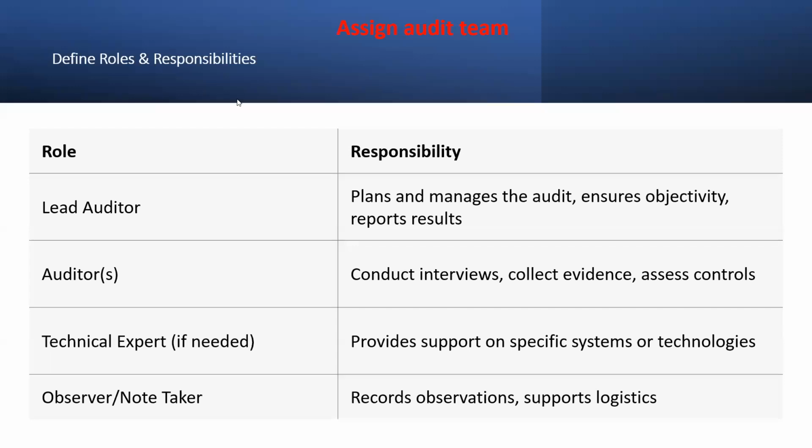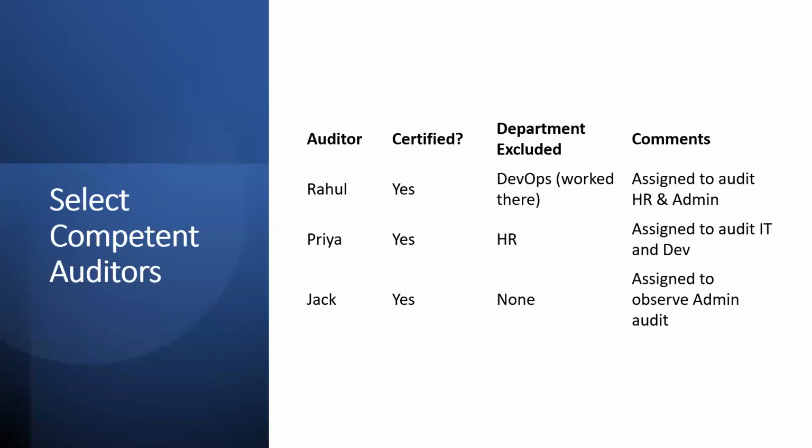We know what the roles and responsibilities of the auditor are. Now it's time to assign the duties. So we will be selecting competent auditors. I have created a small example for you to showcase how you assign the task to the auditor.